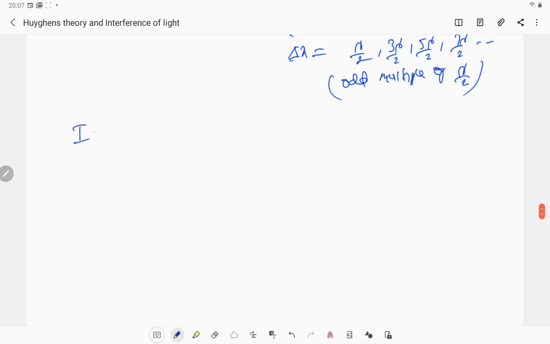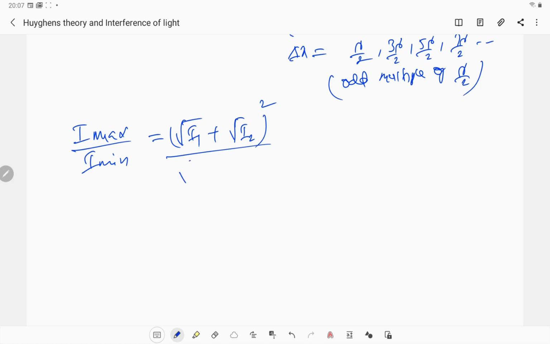Therefore, this is a formula: I max by I minimum is equal to (root I1 plus root I2) whole square by (root I1 minus root I2) whole square.